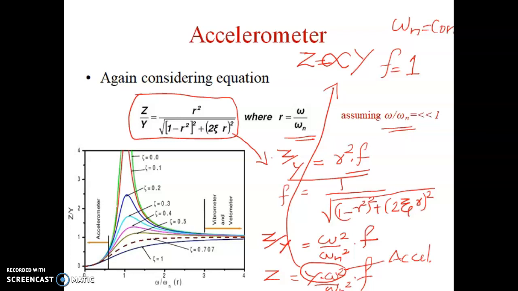That means z, the value given by the instrument, is proportional to the acceleration y omega square. So we can use this instrument for measuring the acceleration of the vibrating body.